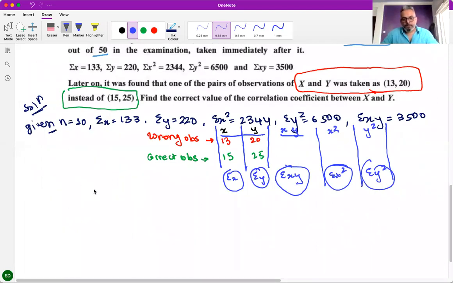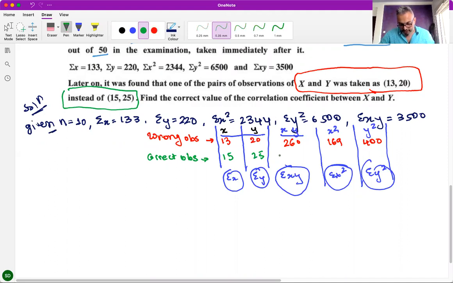Now, I'll also write them over here. So 13 into 20 is 260, x square 13 square is equal to 169 and y square, so 400. So this was wrongly taken in the total, respective total.